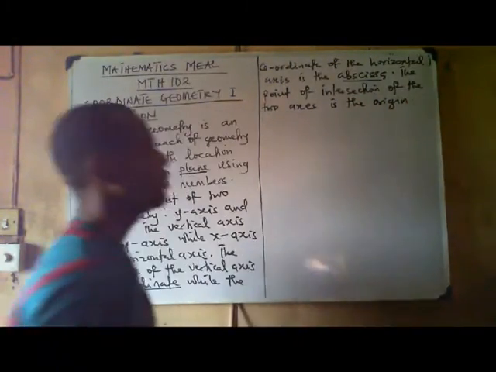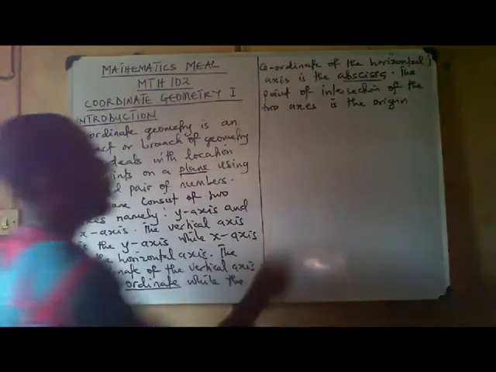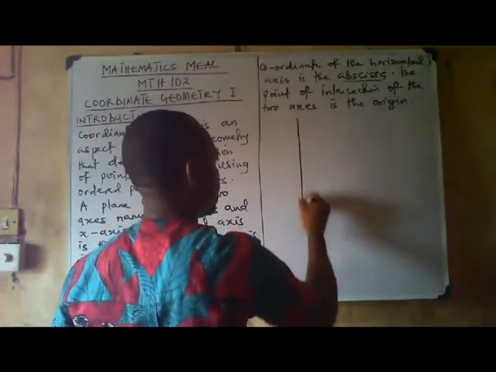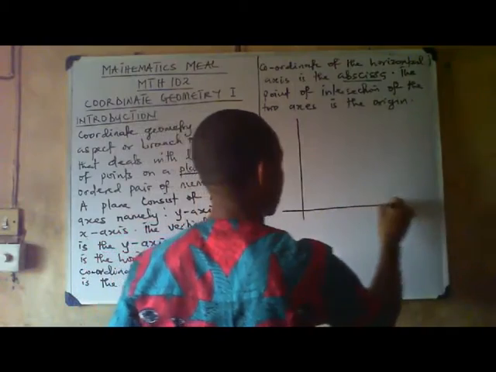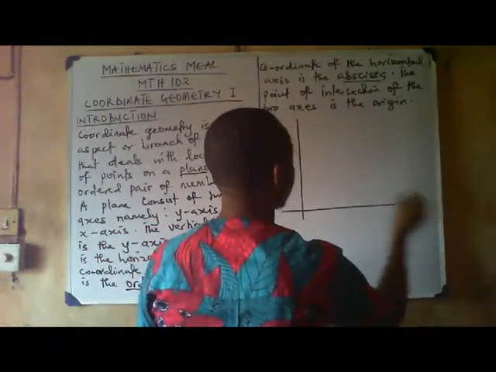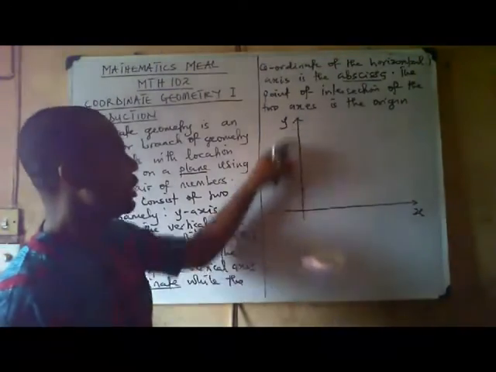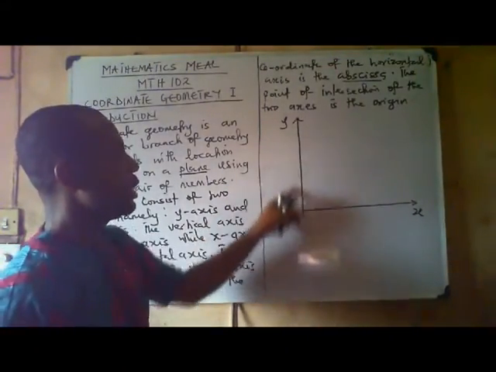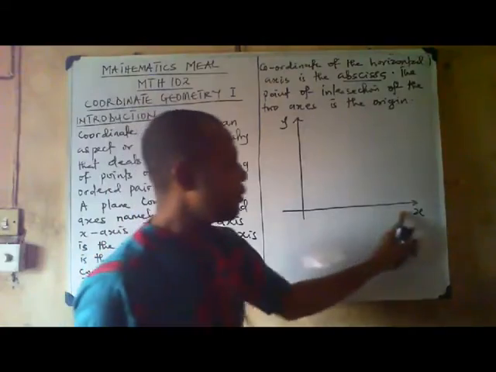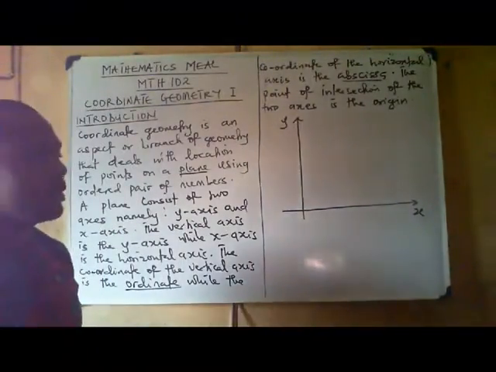So if we have this as the vertical axis and this as the horizontal axis, that's the x-axis, that's the y-axis. So the coordinates here are the ordinates, while here we have the abscissa.